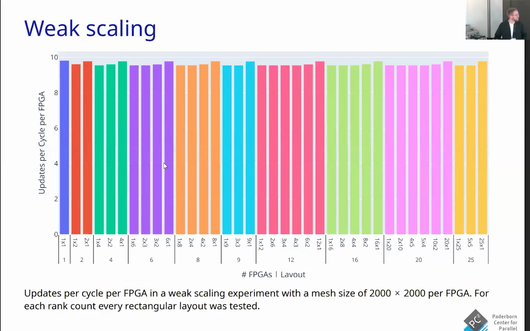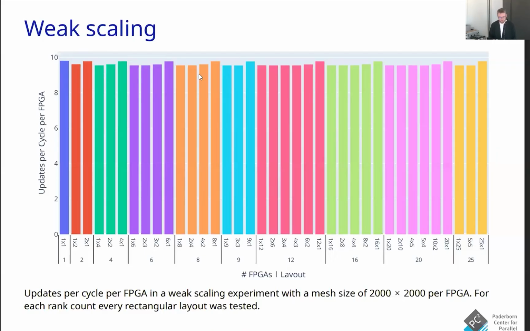Here's another weak scaling experiment. So again, on the y-axis, we have the updates per cycle per FPGA, and now for different rank counts and with a constant mesh size per FPGA of 2000 by 2000. And we see that overall it's relatively good weak scaling. It's rather constant.